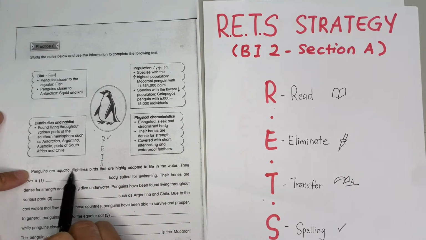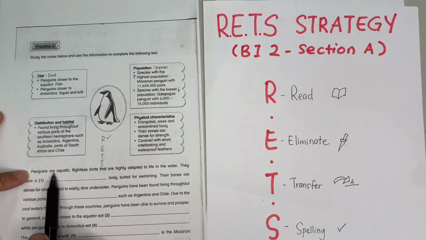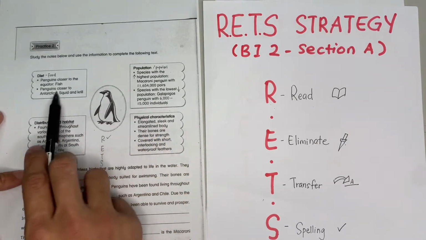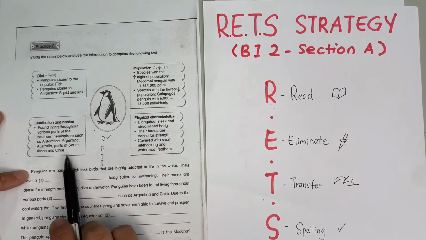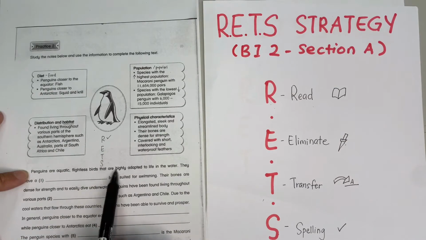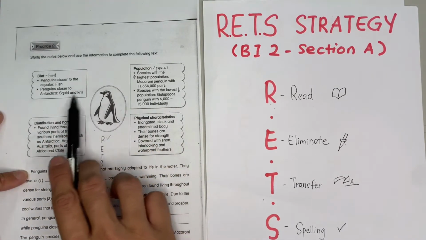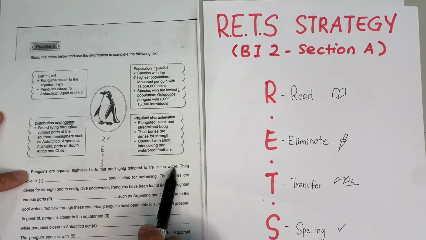Okay, from this first line, we are going to see, is it mentioned at the top? Penguins are aquatic? Nope, there's nothing written. Flightless birds? Nope. They are highly adapted to life in the water. Okay, there's nothing there, so we can skip.